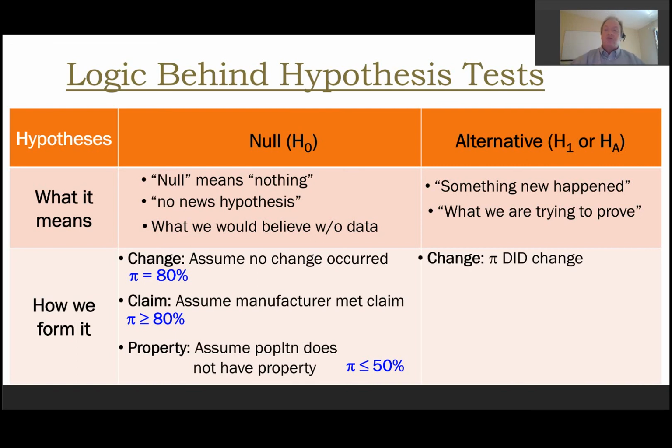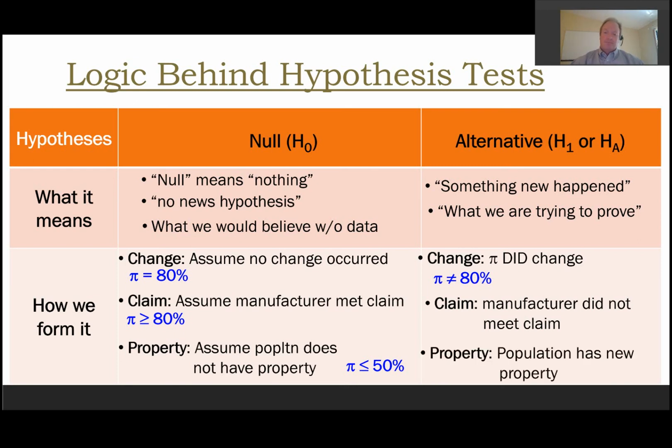So if we go to our examples, and we're looking to see if a change occurred, the alternative is that a change did occur. In the case of the motorcycle accident, it would be saying the population percentage is no longer 80%. If we're looking at a manufacturer's claim, the alternative would be saying that they didn't meet their claim, in which case the population percentage would be less than 80%.